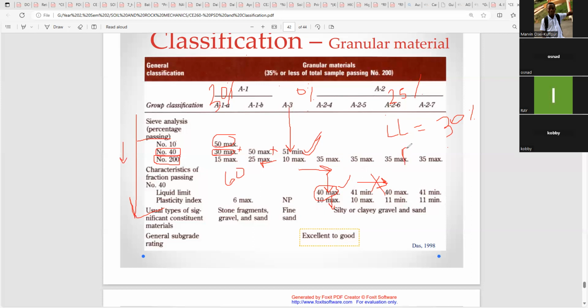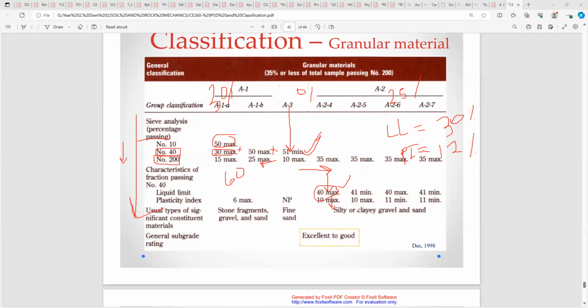So assume our PI to be maybe 12%. So if our PI is 12%, then does it pass for plasticity too? Hello?